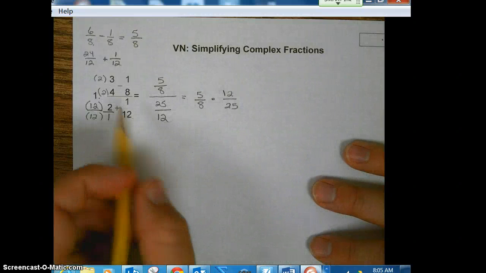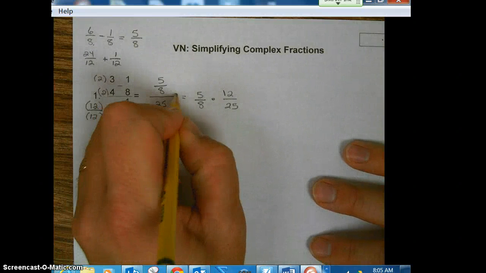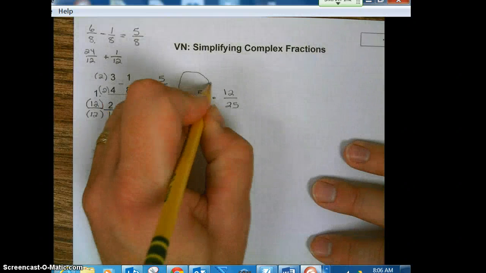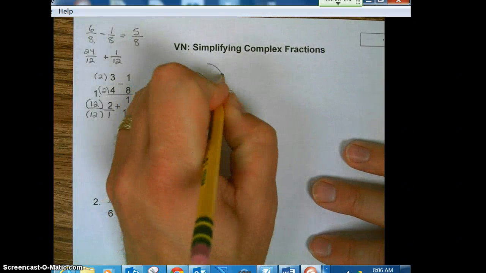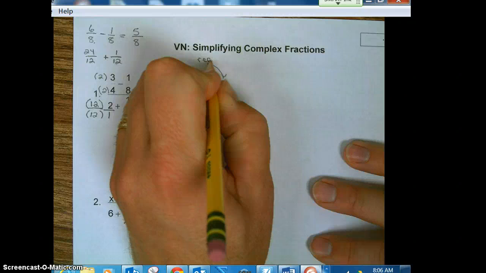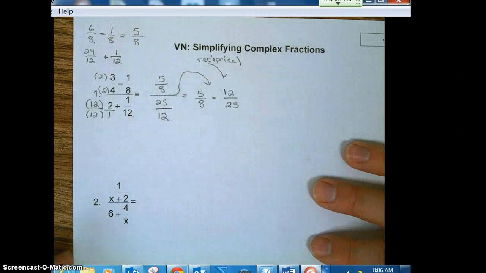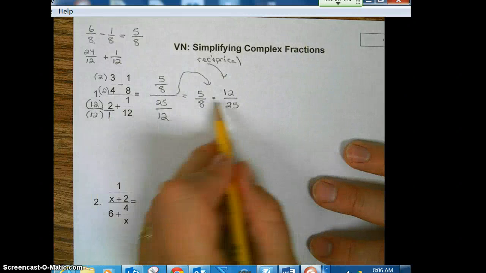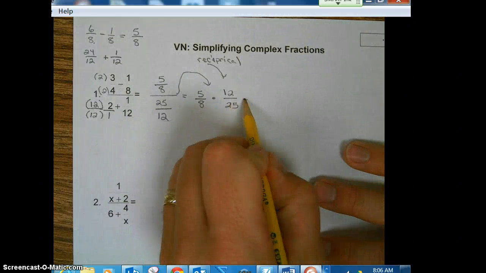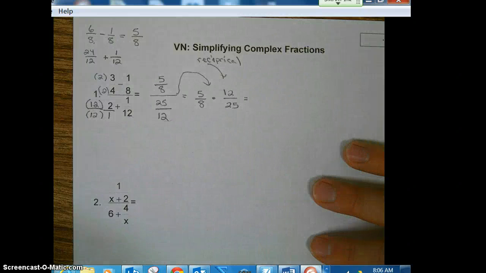So remember, change division to multiplication, and then this would be the reciprocal. Now we can go ahead and multiply, or we could do some cross-reducing first to make it easier.